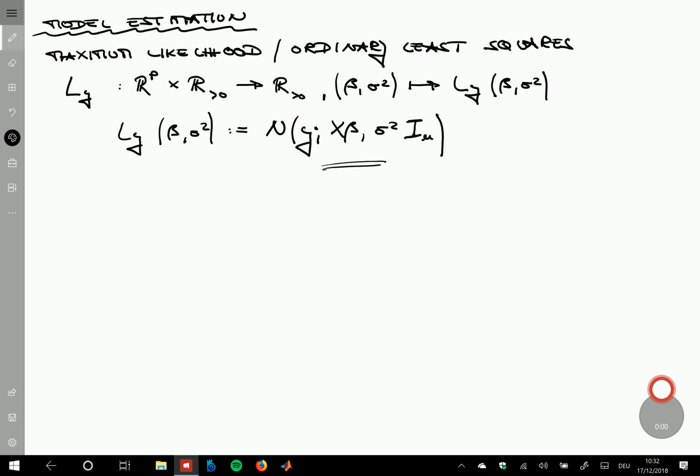Above, we looked at this multivariate Gaussian as a function of the data, and for fixed parameters beta and sigma square. And now we're switching the perspective.